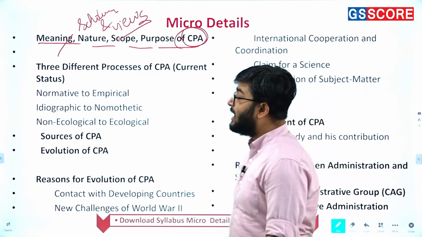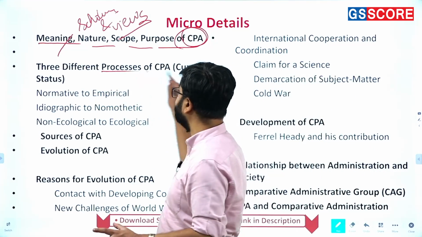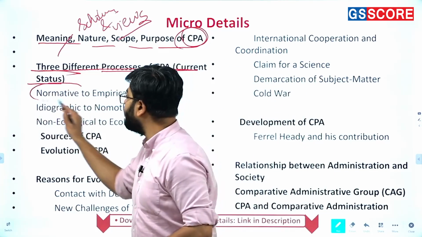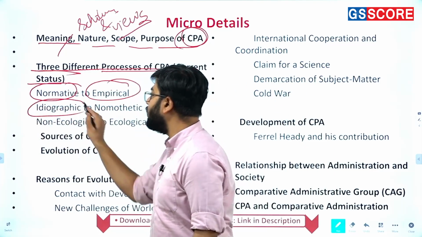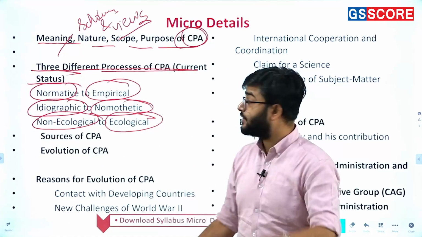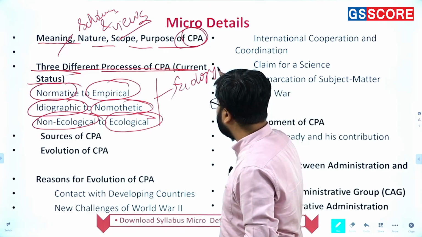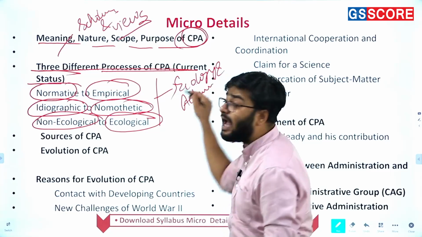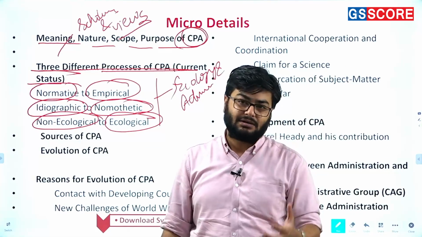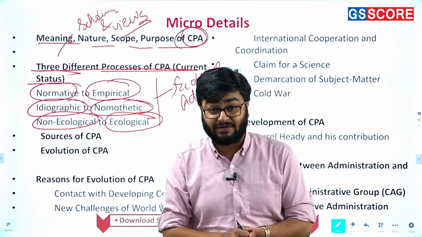Then of course the broad threads around which the CPA is woven, the current status, and these concepts: normative, empirical, ideographic, nomothetic, non-ecological to ecological. Of course, these things will have a linkage with ecology and administration as well as a subtopic. So it is this intertwined nature that we need to organize to cover the unit effectively.